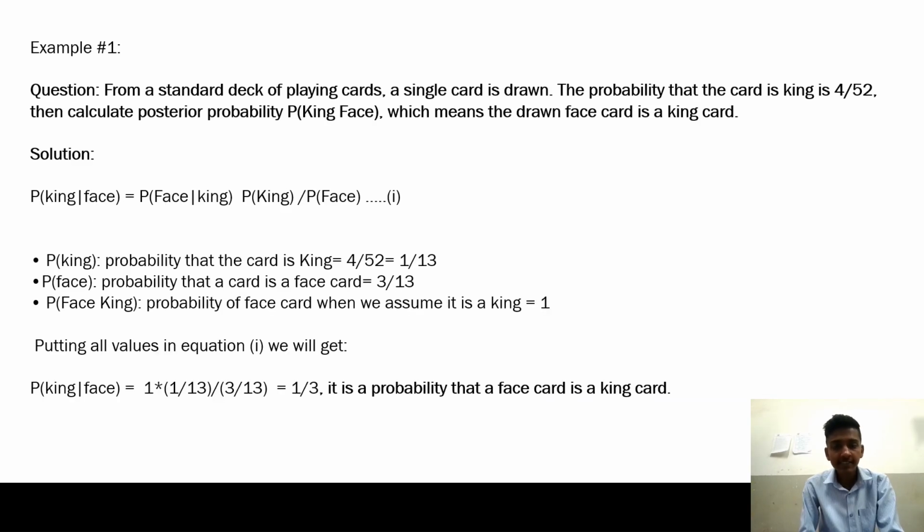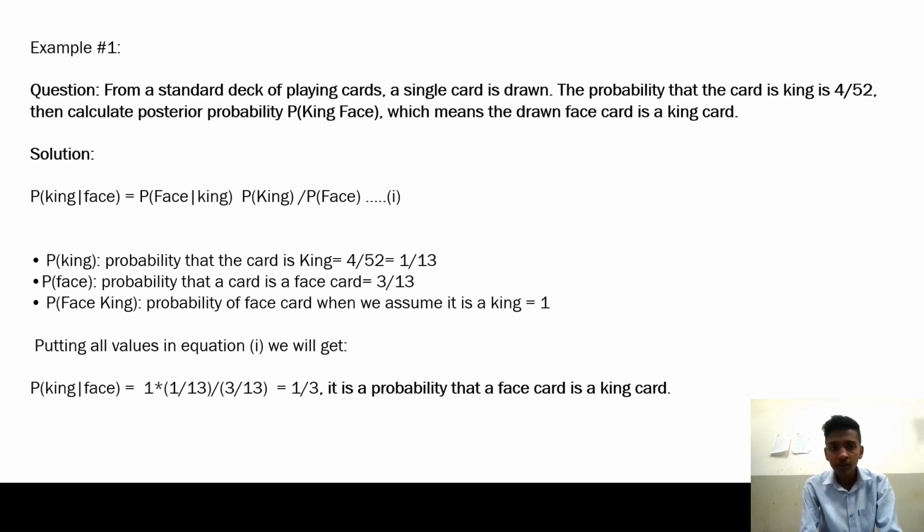Now we will see an example based on Bayes theorem. The question is, from a standard deck of playing cards, a single card is drawn. The probability that the card is a king is 4 by 52. Then calculate the posterior probability, that is probability of king given face, which means the drawn face card is a king card.